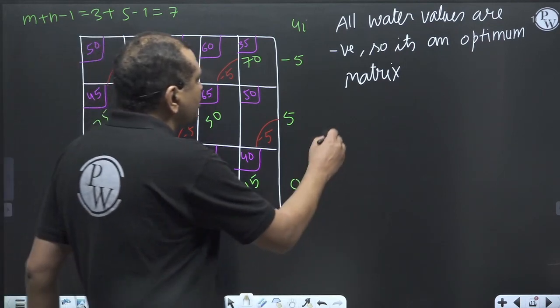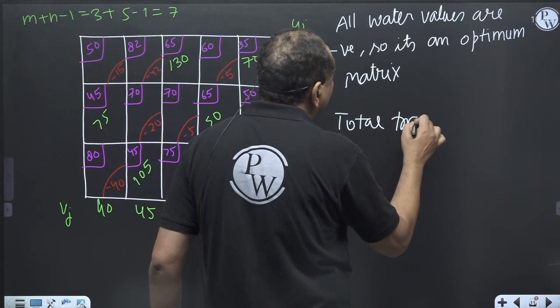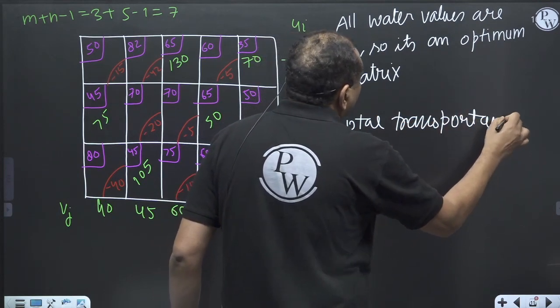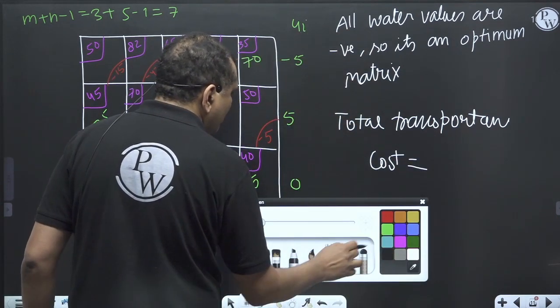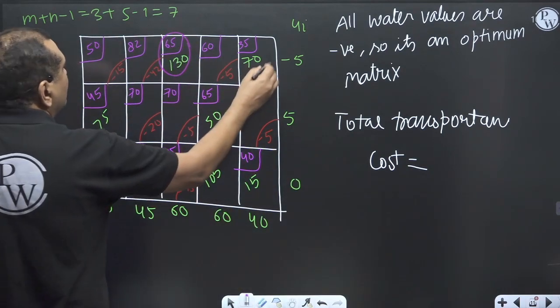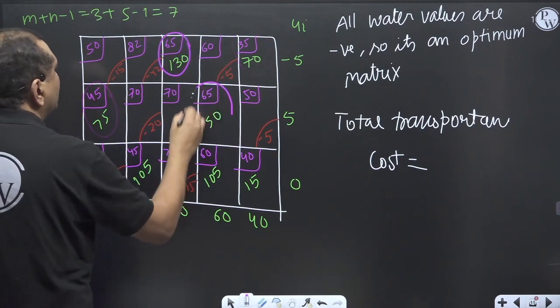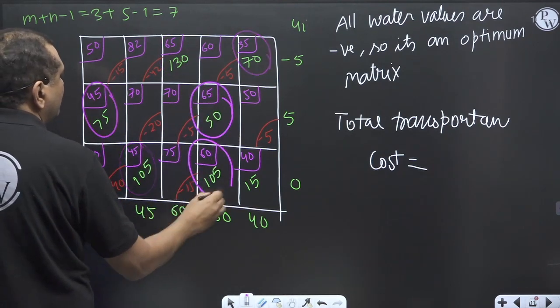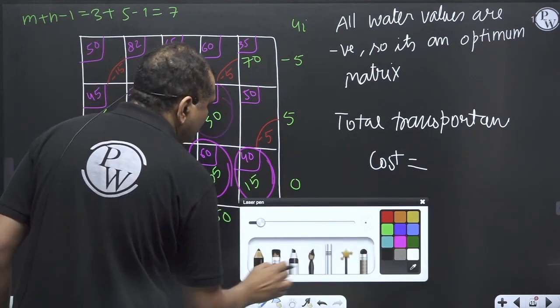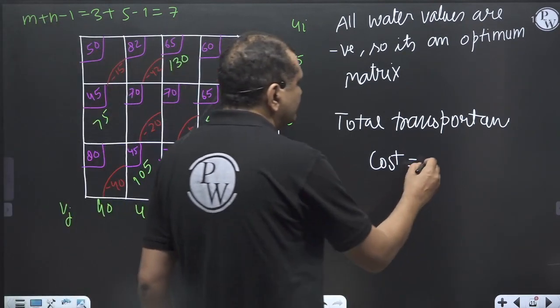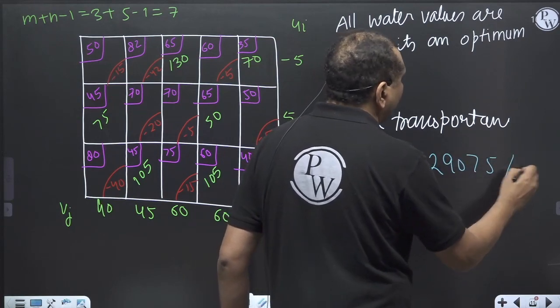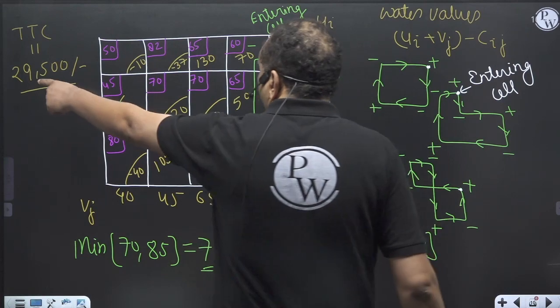So what is the total transportation cost? Total transportation cost: this into this, into this, into this, into this, into this, into this. If you do that, the answer will come to about 29,075. These many rupees. Previously it was 29,500.